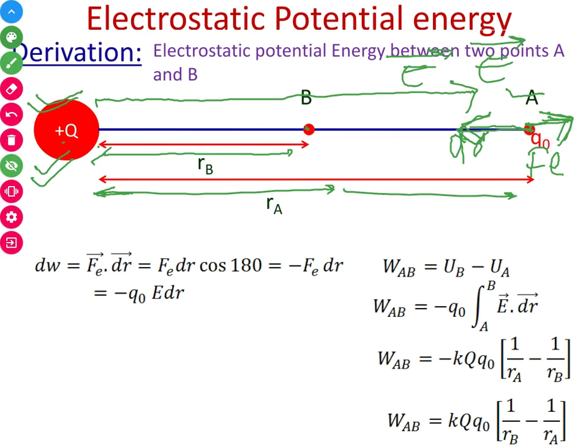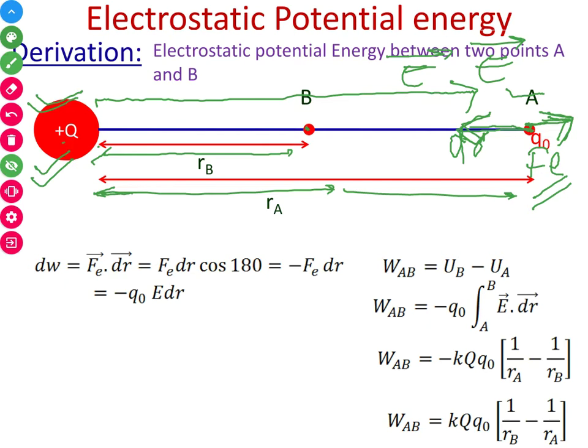So I have to apply some external force which must be as much equal to Fe as possible, so that no kinetic energy or acceleration is produced.